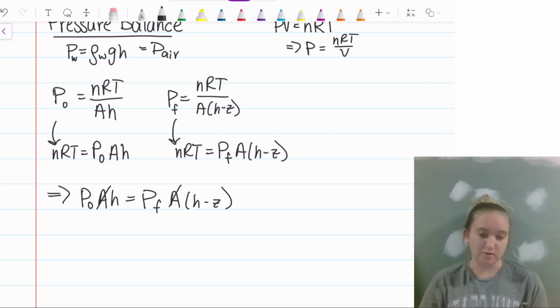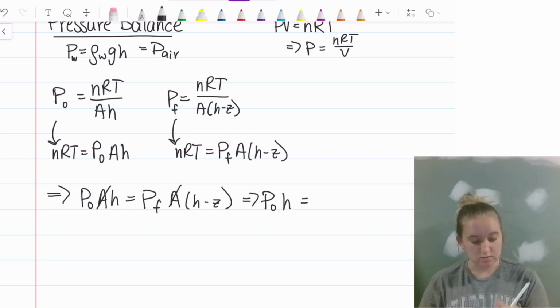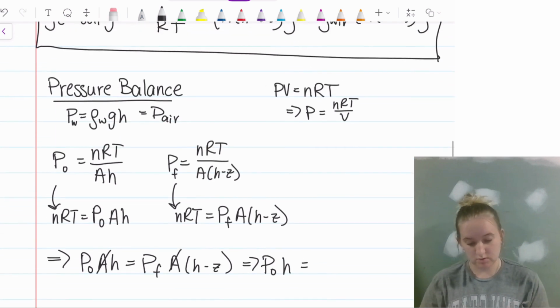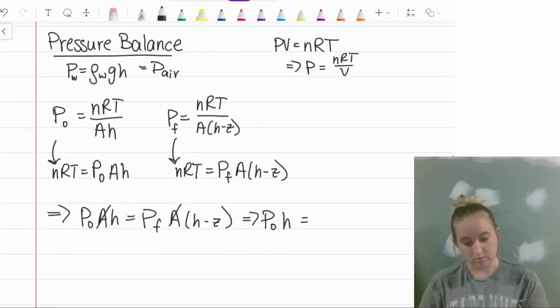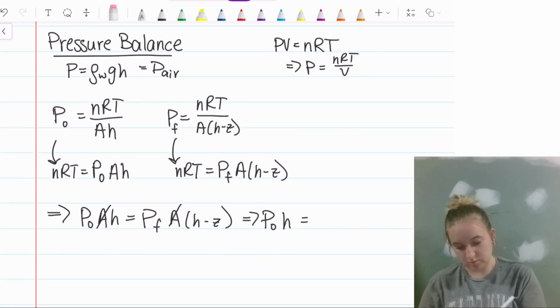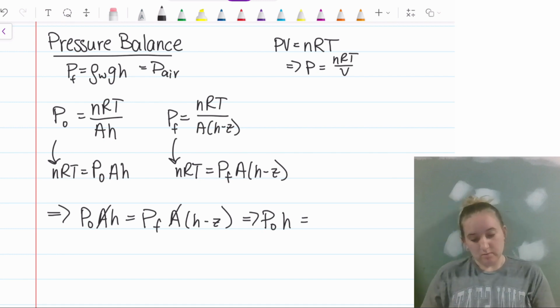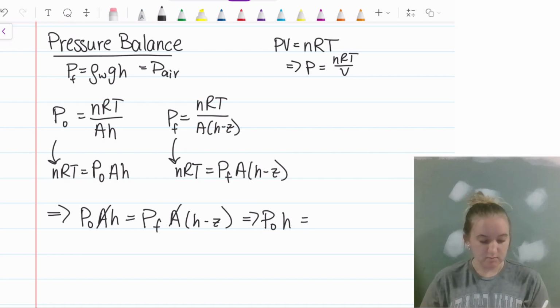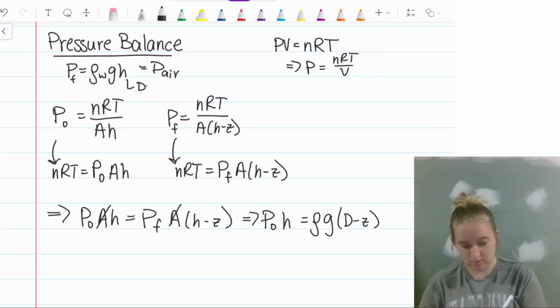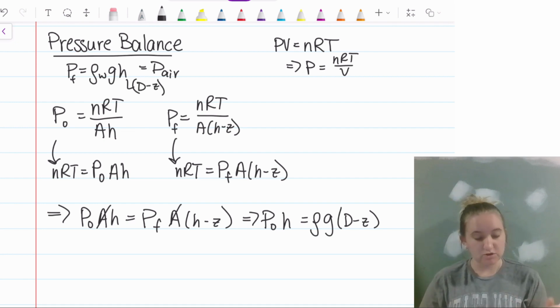I canceled out these A's a little early, but you don't need them, so it's fine. So then you're left with P naught times H equals your PF, which I called PW up here, but let's consider this as your P final. So it equals rho G, and your H value is D minus Z. Rho G times (D minus Z), and then times (H minus Z), because remember your A's are canceled out.